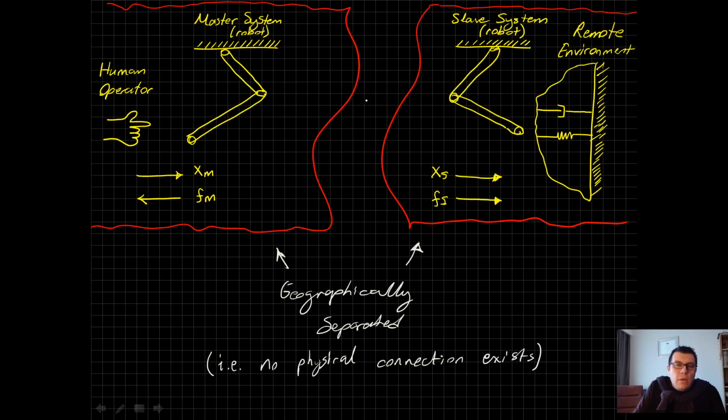So what happens is that through only signal transmission, a controller sitting somewhere here tries to exchange signals with the master and the slave system to provide these two tracking objectives.